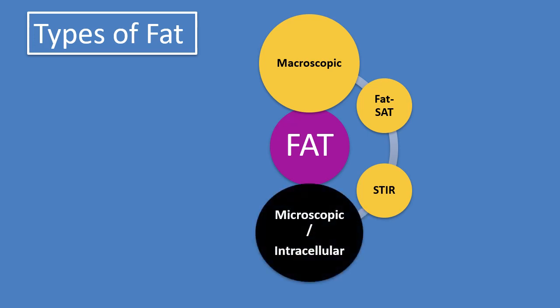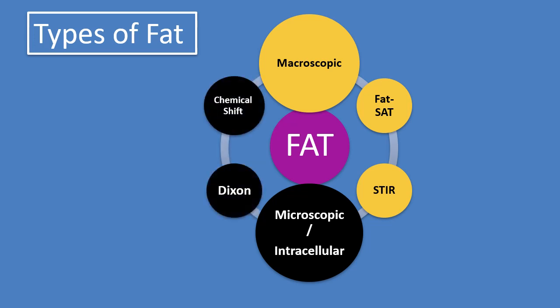Another type of fat is what we call microscopic or intracellular fat. This fat can't be demonstrated by the naked eye in the image because it is intracellular, so it doesn't give the signal intensity of macroscopic fat. You cannot detect it by eye, but you need special techniques to detect it, like the Dixon method and chemical shift sequences, which we will talk about.